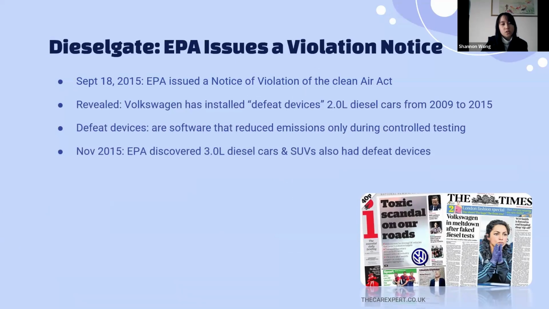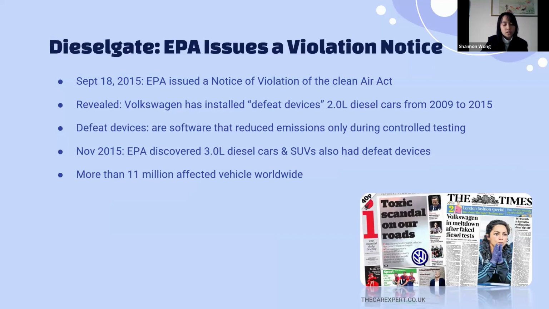On September 18, 2015, the EPA issued a notice of violation of the Clean Air Act to Volkswagen Group of America, revealing that their 2009 to 2015 2.0-liter diesel cars had defeat devices, software that artificially lowered emissions of polluting NOx, or nitrogen oxides, when it detected that the vehicle is in a testing environment, so laboratory testing, but in normal driving deactivated emission control, allowing cars to have more power and have higher mileage but emit a large amount of nitrogen oxides.